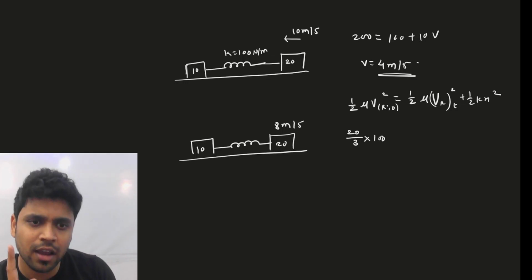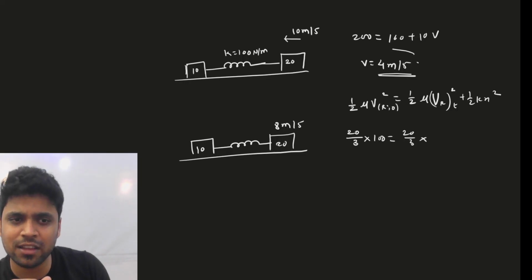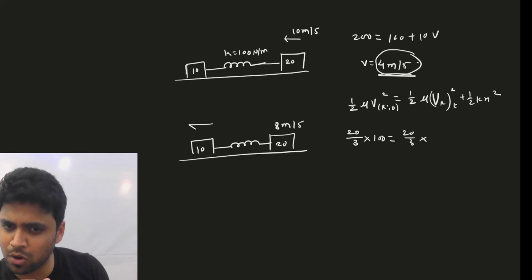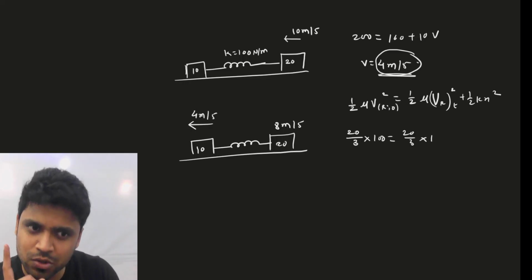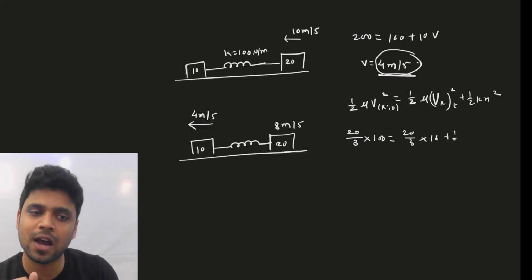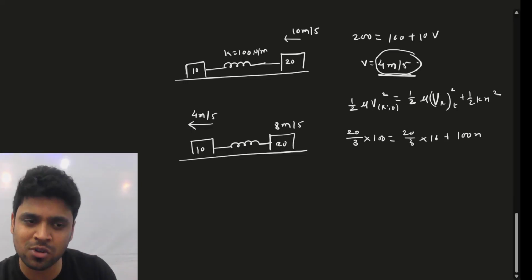That's 100, must be equal to again 20 by 3 multiplied by, now since the final speed of the 10 kg block is coming out to be 4 meter per second, the relative velocity between them will be 4, so it's going to be 16, plus, anyhow the half has been cancelled, right? So it's going to be 100 times x squared.